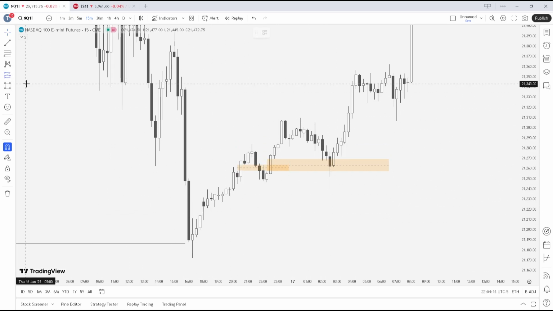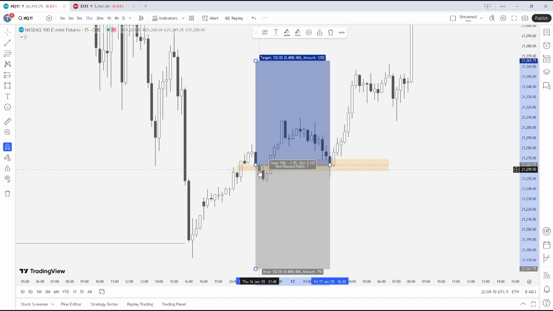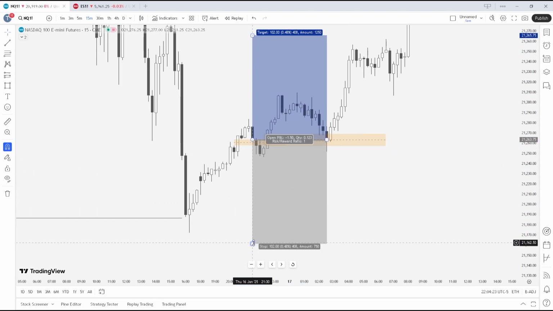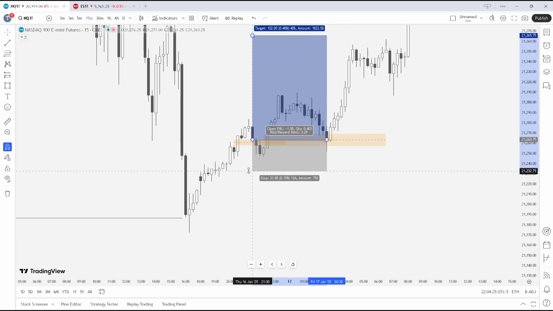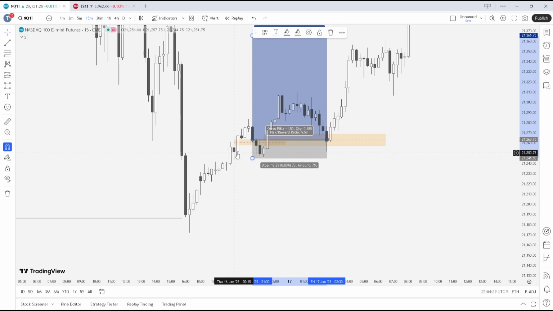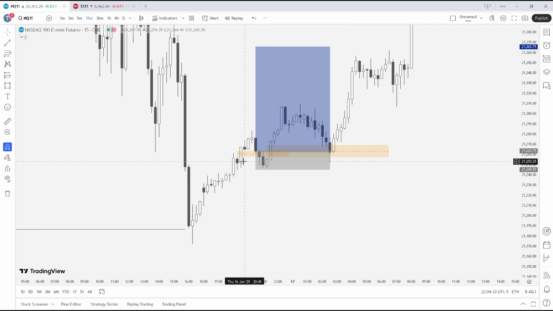So if you wanted to take a trade off of the first fair value gap, you would put your limit right here, right where the fair value gap is, and then for your stop loss, you could put it just below this candle that made the fair value gap. So this would be something more like a 2022 model, if you have learned that.